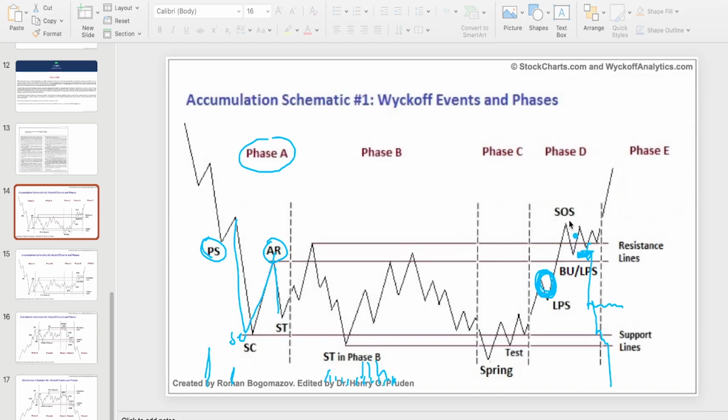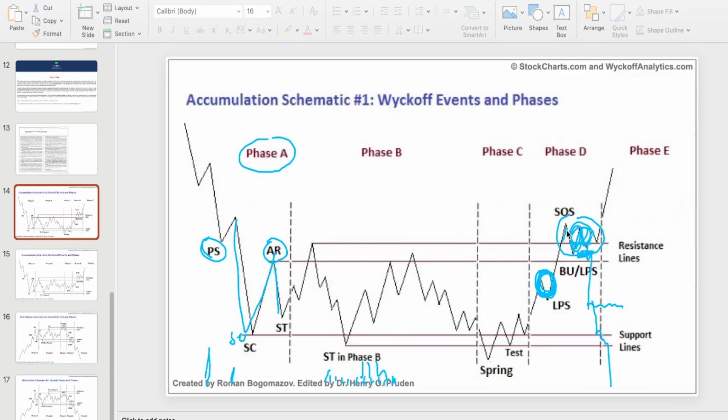So that's why in a backup in action, you don't want to enter on the first test on the backup. You want to see a bit of commitment to the upside after the test, more commitment to the upside before you get in. So your backup in action has to be from a level of sign of strength.